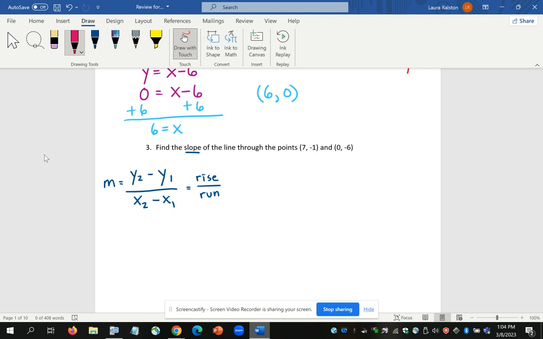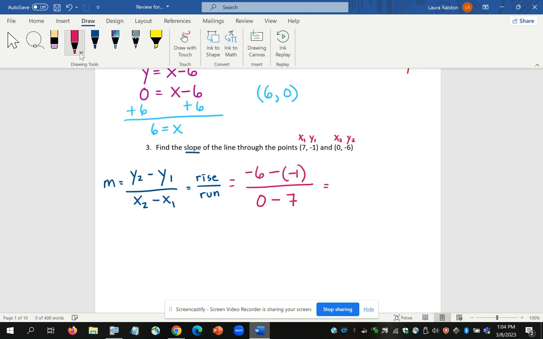I like to label my points so I don't get confused. So I have x1, y1, that's the first point I'm given, and then I have x2, y2, which is the second point I'm given. Then I begin to do the substitution. Be careful and watch the signs. I have negative 6 minus negative 1 divided by 0 minus 7.